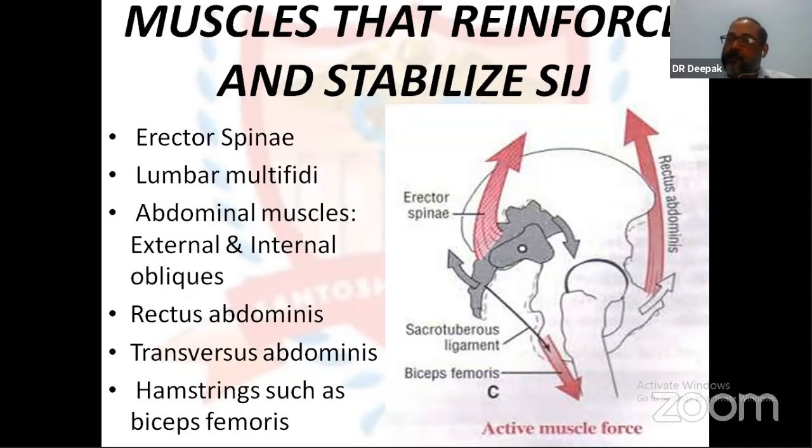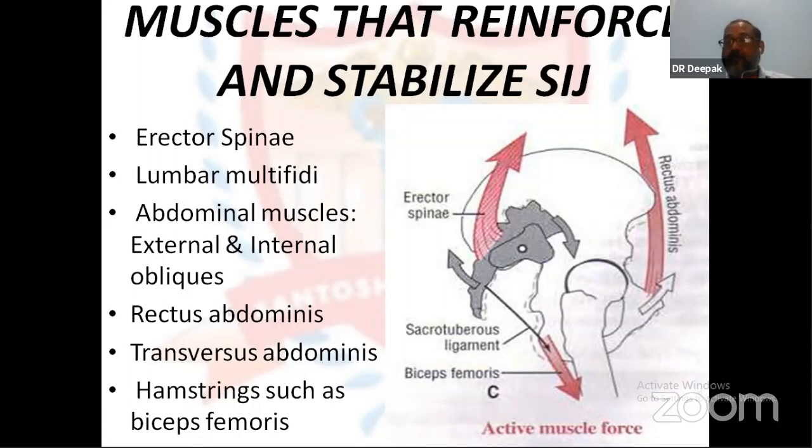When there is shortening of one muscle group, or lengthening, or weakness of one muscle group, then the dysfunction occurs. The muscles which stabilize the SI joint are erector spinae, lumbar multifidi, abdominal muscles, that is external and internal obliques, rectus abdominis, transverse abdominis, and hamstrings such as biceps femoris. So these are all very important muscles in SI joint stabilization.